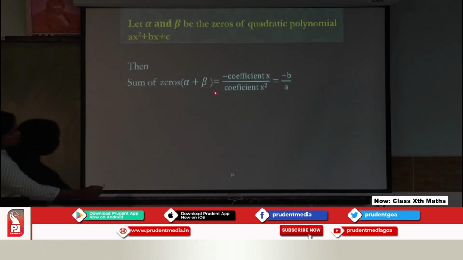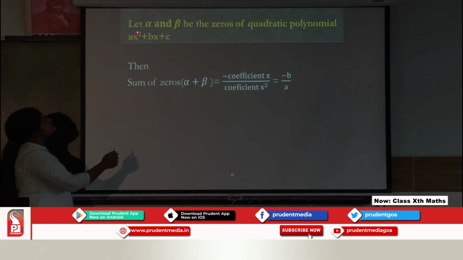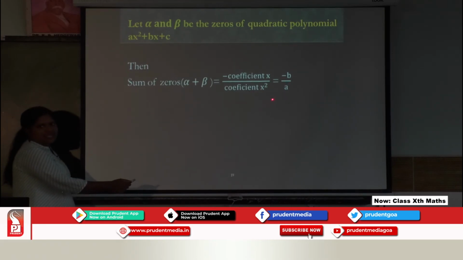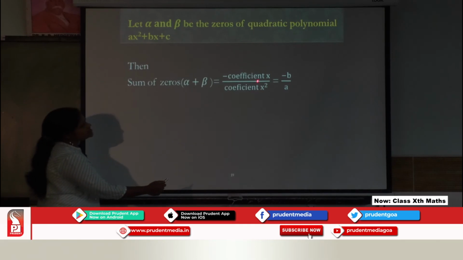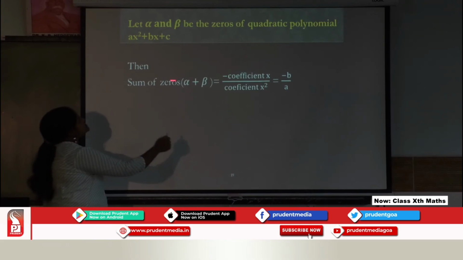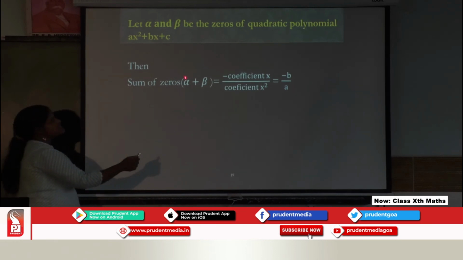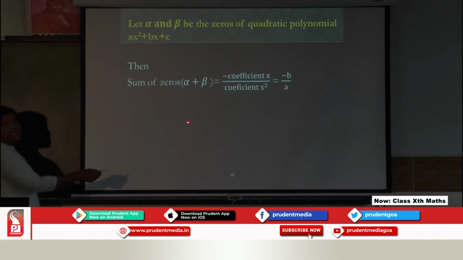The coefficient of x square is a. So, we have minus b upon a. I repeat again, it is minus coefficient of x, that is minus b, upon coefficient of x square, that is a. This is the formula to find the sum of zeros, alpha plus beta.